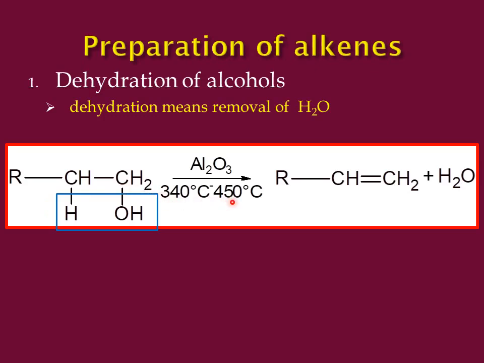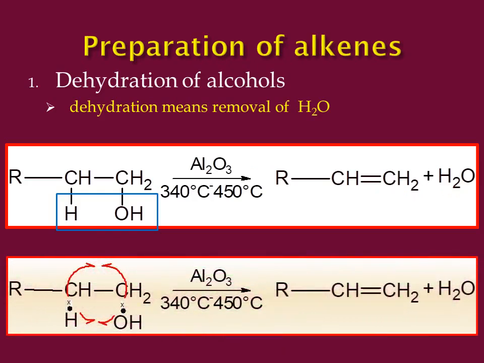Let us understand this chemical reaction. You already know what this half-headed arrow means, the transfer of a single electron. When it is heated, then this hydroxyl group and H are going to make a bond producing a water molecule, and the other two electrons are going to transfer over here.